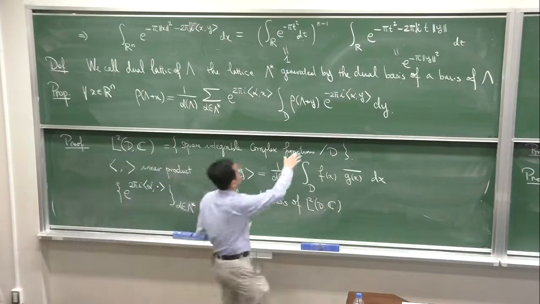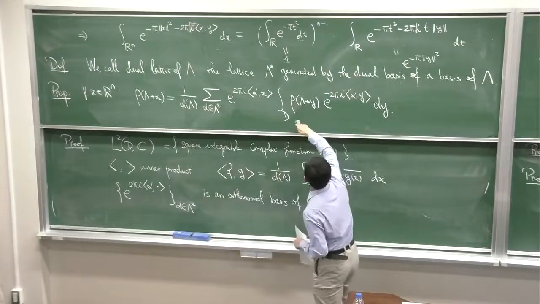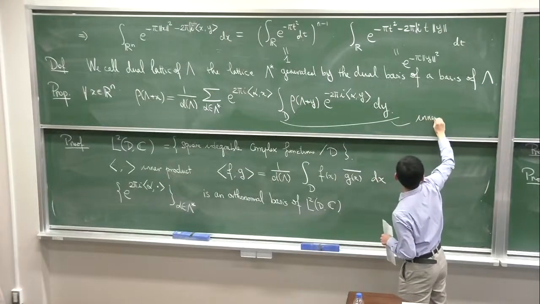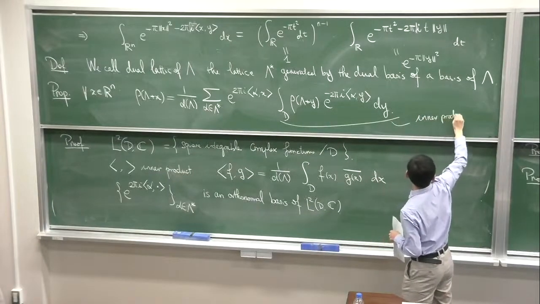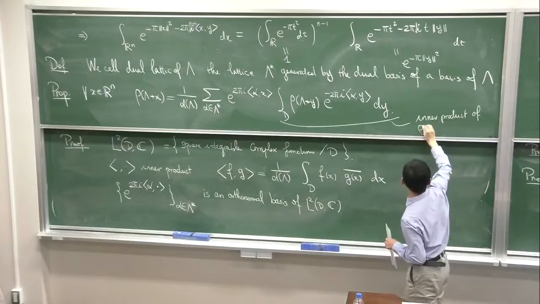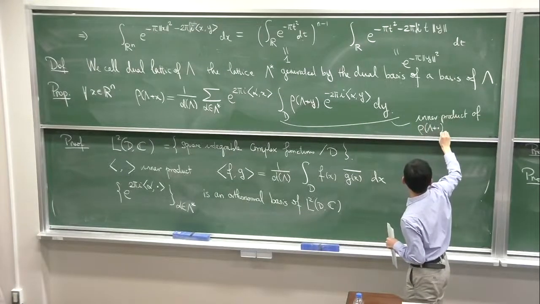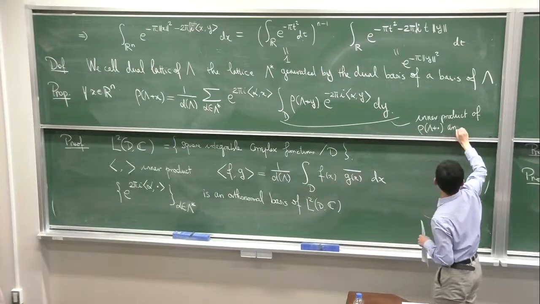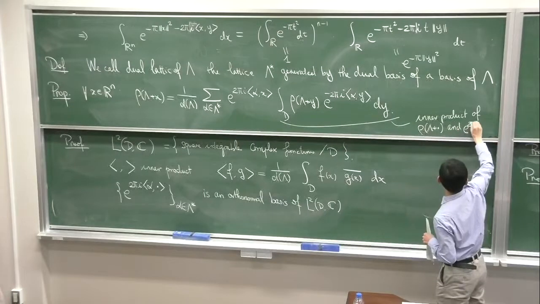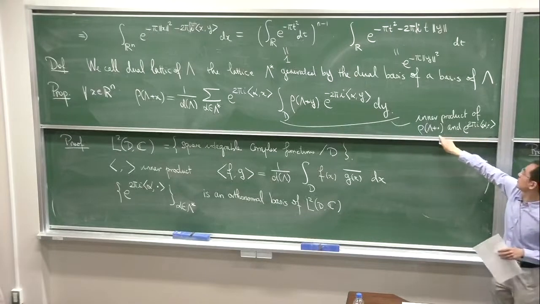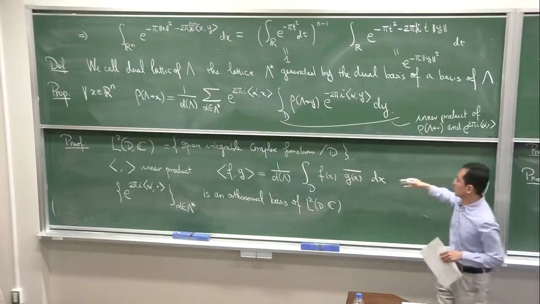And now this one is just the inner product of the function rho lambda plus and this e^{2 pi i alpha star}. So this is just the inner product of this one and this one.